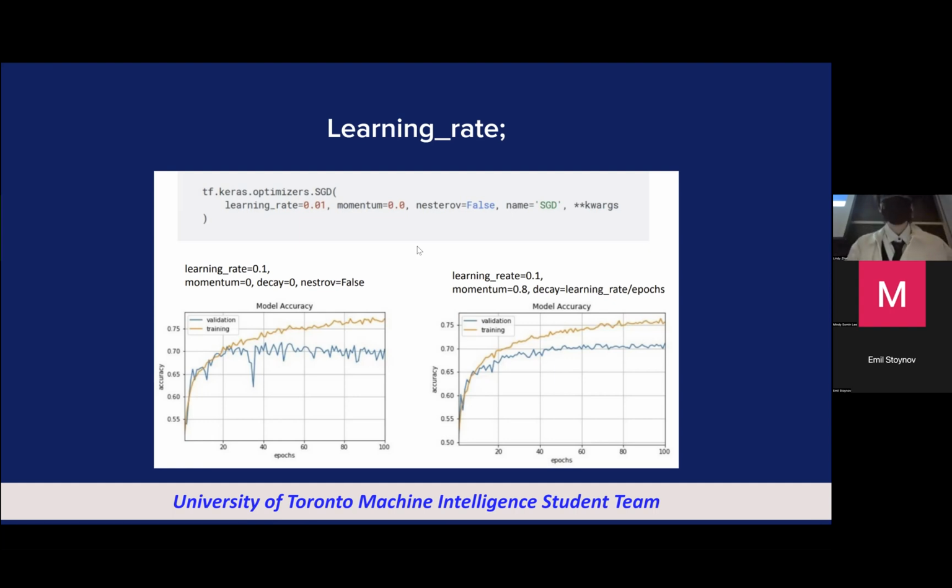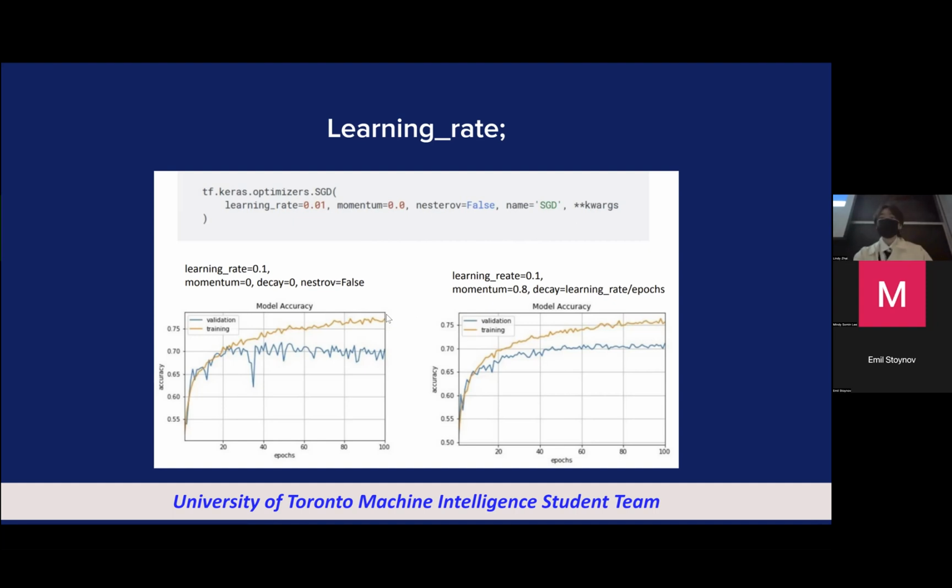Next one is name equals SGD. SGD is just saying that the optimizer name is SGD. And the other one is keyword arguments in Python, just indicating that there might be more arguments coming, but we're not indicating what exactly they are. So kwargs are just keyword arguments.